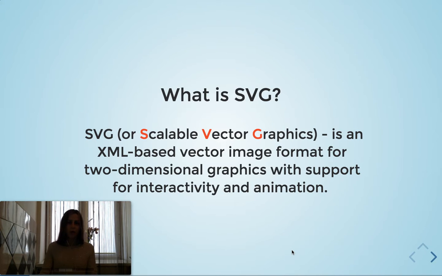A year and a half after first introducing SVG, the W3C issued SVG as a candidate recommendation in August 2000. The current version of SVG is 1.1, which was published as a W3C recommendation in August 2011.